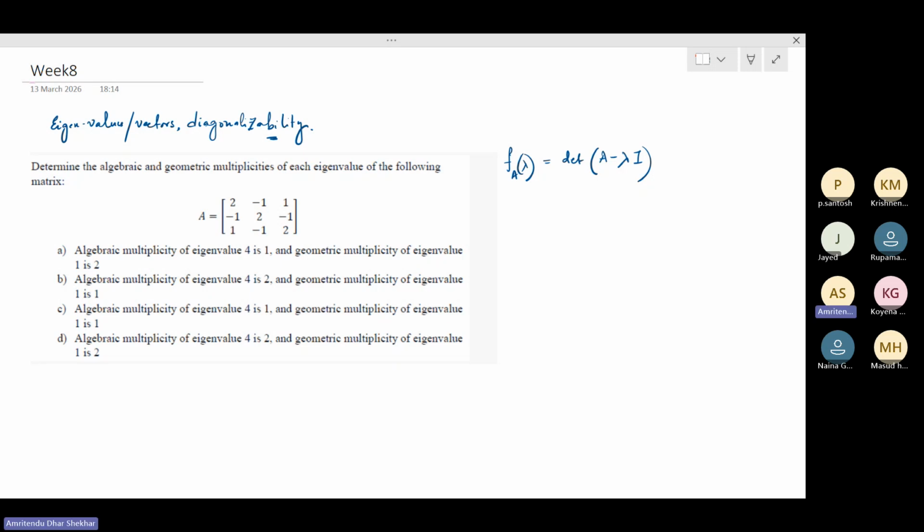Now if you can write this polynomial in lambda as a product of... actually, let's not use the symbol lambda. Let's just call it x.